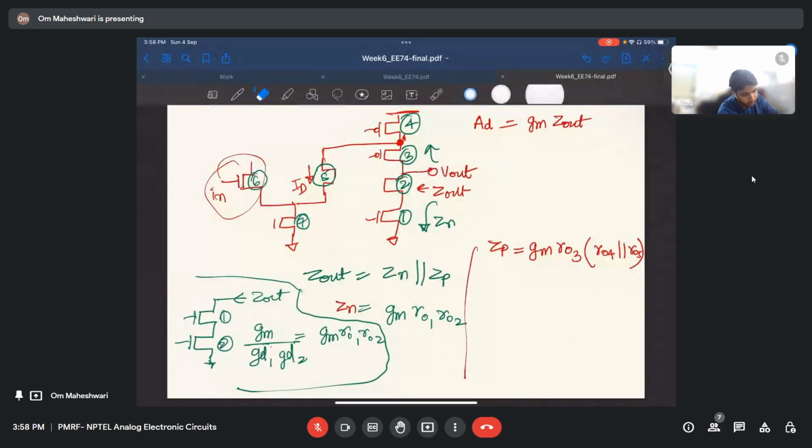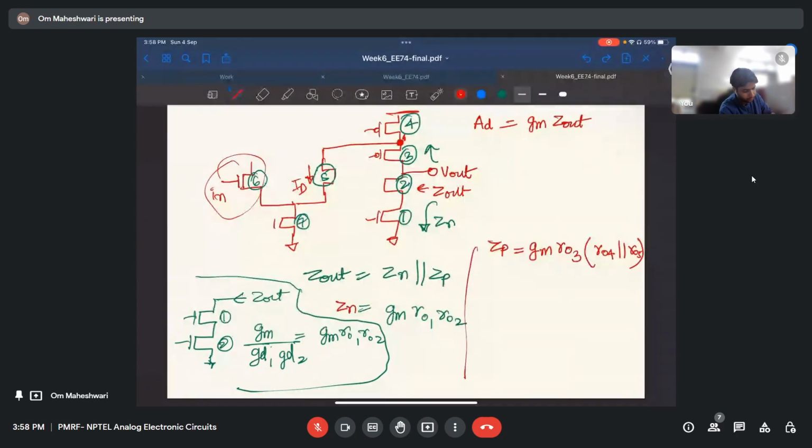We are going from here. Let us just say Z out is GM times R out of whatever transfer we have stacked. So we went from here, we got GM into RO3. Then there is a branch here, so it will be the parallel of these two: GM RO3 into RO4 parallel with RO5. So this will give us that.